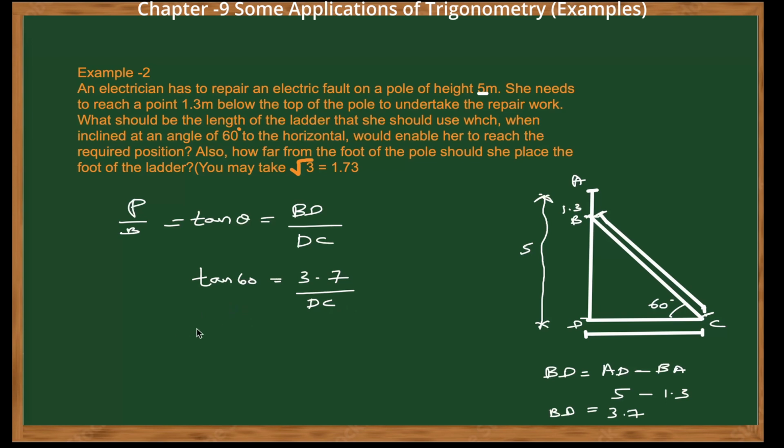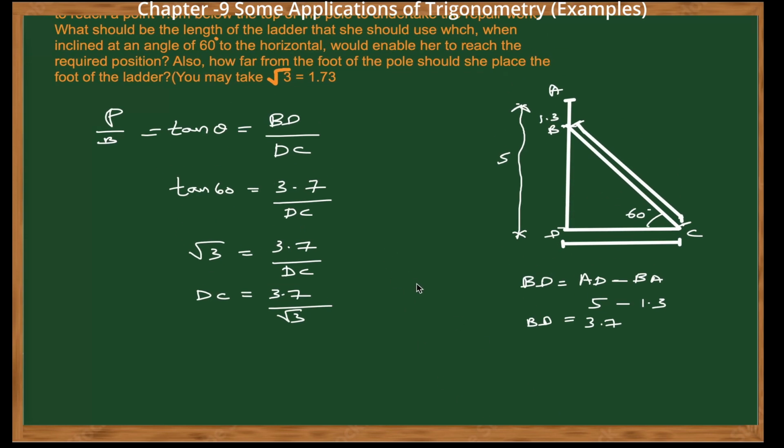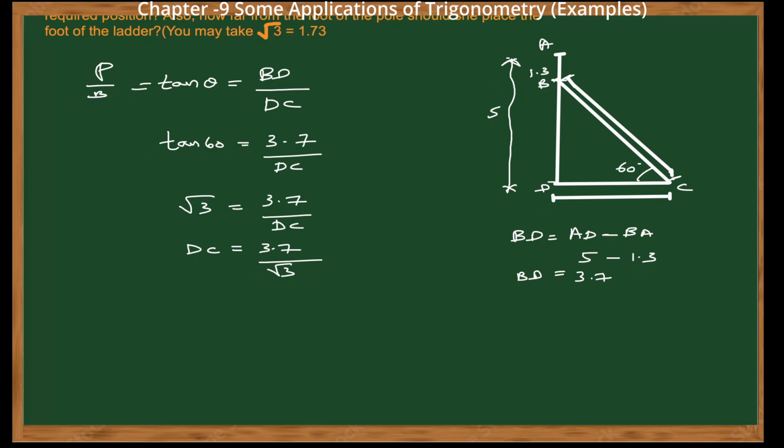So tan 60 we know is root 3. Root 3 is equal to 3.7 divided by DC. So DC, let's bring it here. DC is equal to 3.7, and this root 3 comes down. Further solving this, the value of root 3 is given in the question, so we can substitute it.